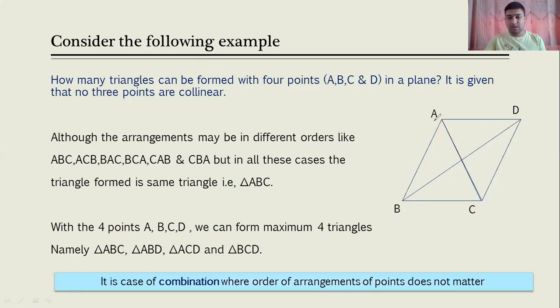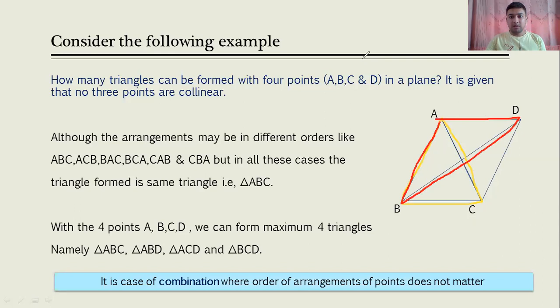If you consider 4 points, what will be the first triangle? This will be your first triangle, triangle ABC. The second triangle will be ABD.